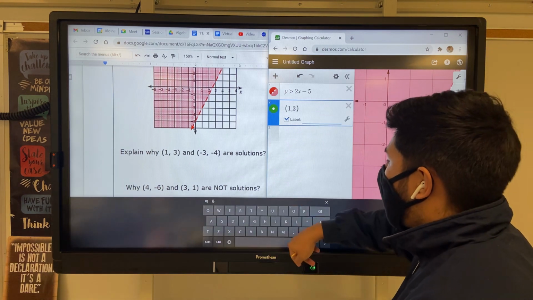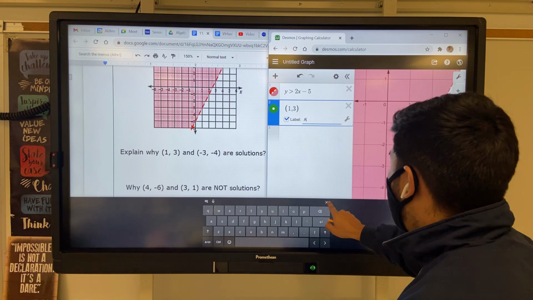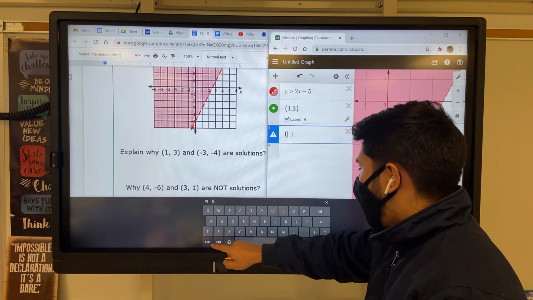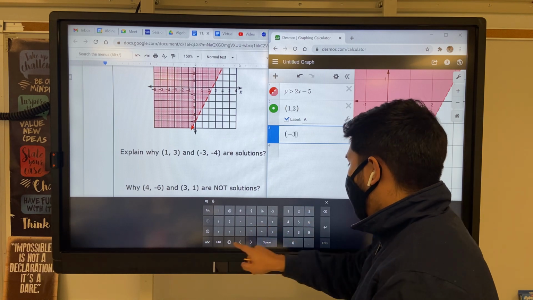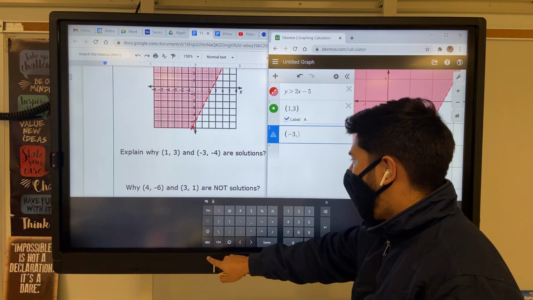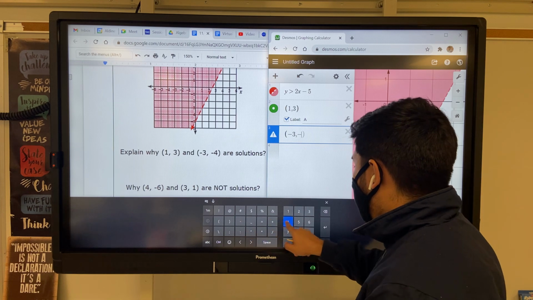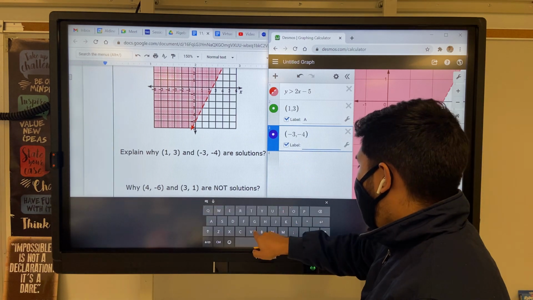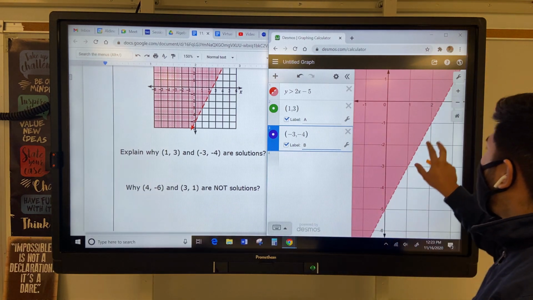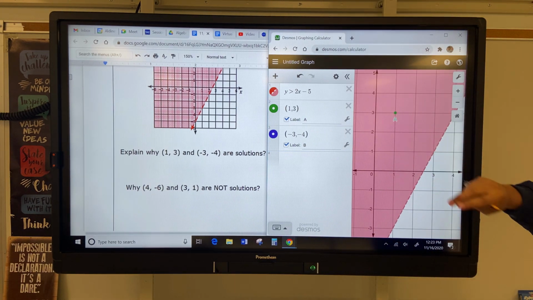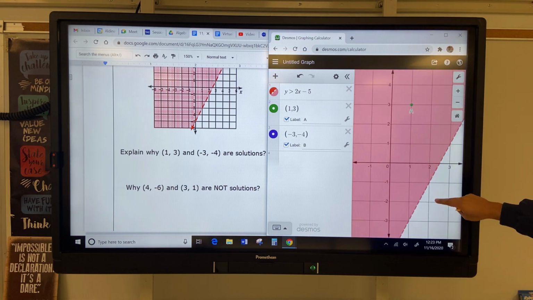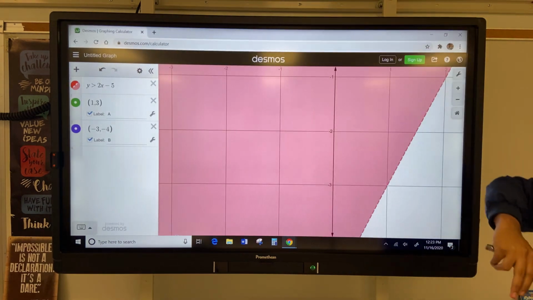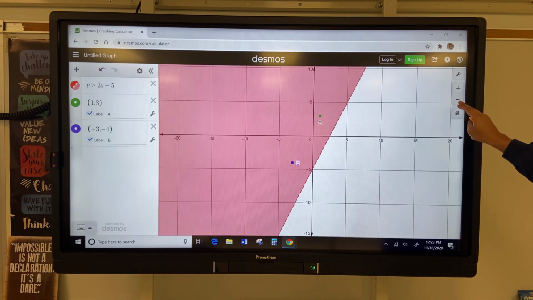Let's say that's A, second point, parentheses, -3, comma, -4, parentheses. Let's label that B. And if we look for this, boom, there's A, where's B? Boom, there's B.